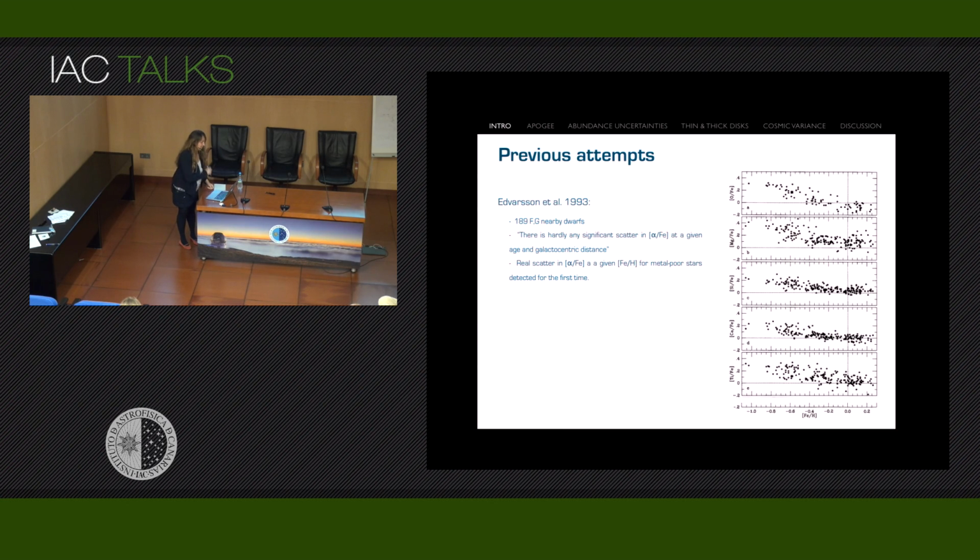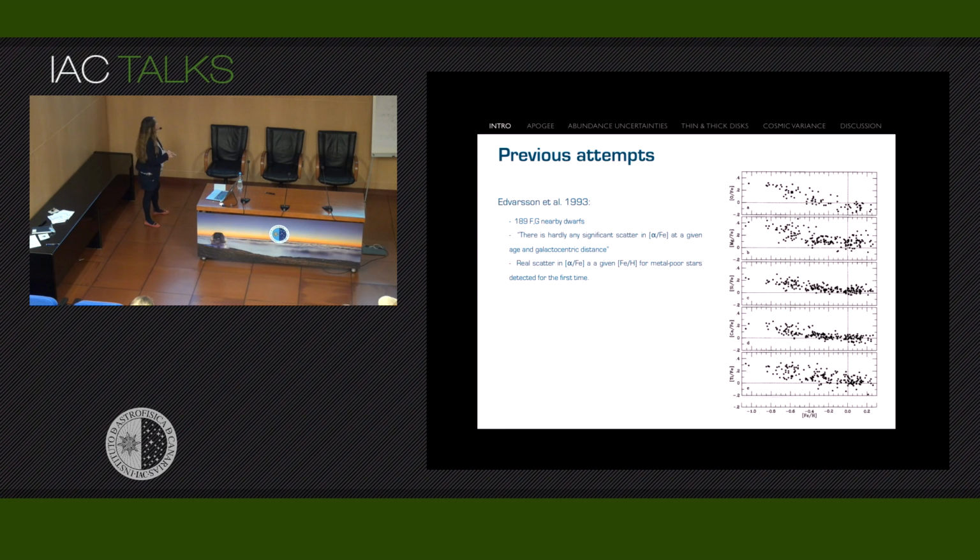So there were people, the first one, Edwardson in '93, who tried to measure this cosmic scatter. He measured almost 200 stars in the solar neighborhood, dwarfs, and this is what he found. Basically what he says is that there is almost no scatter in alpha elements over iron at a given galactocentric distance.